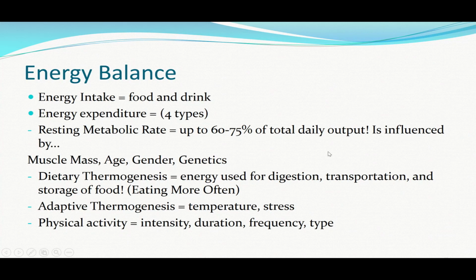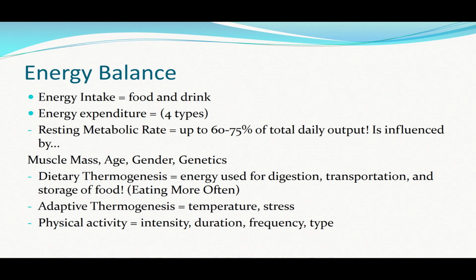So, as we've already mentioned, energy intake is the food which we're ingesting, the kilocalories that we're ingesting. But when it comes to energy expenditure, we're talking about four different types. The first one, which you may have heard of before, is your resting metabolic rate. This accounts for 60 to 75% of your total daily output.